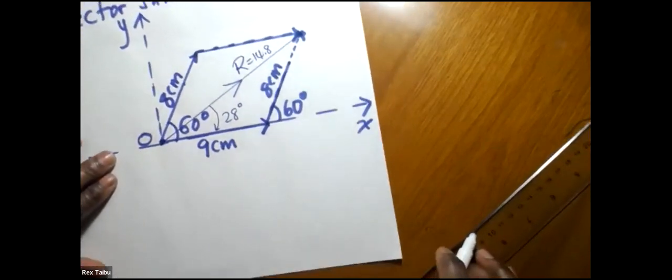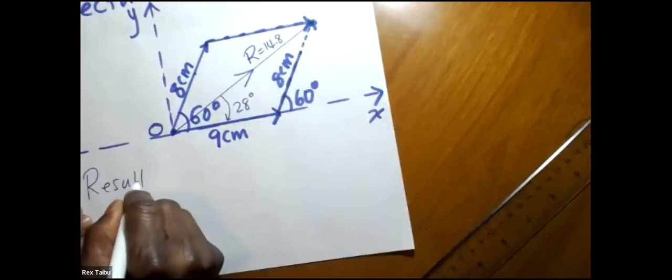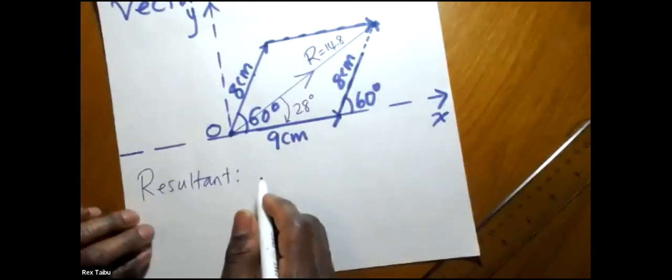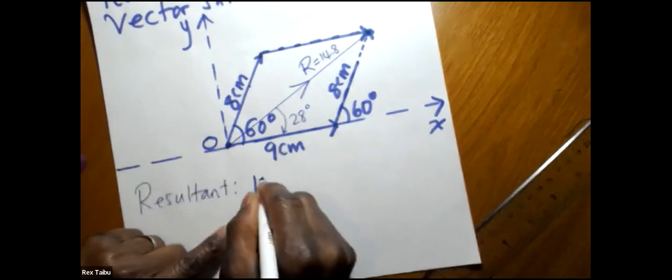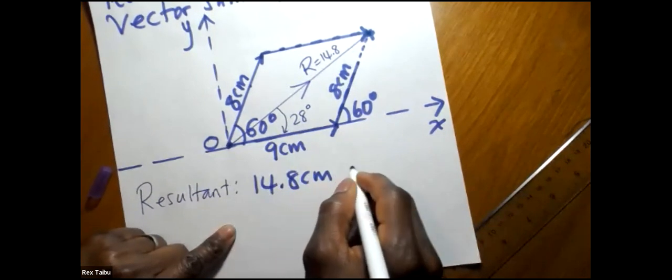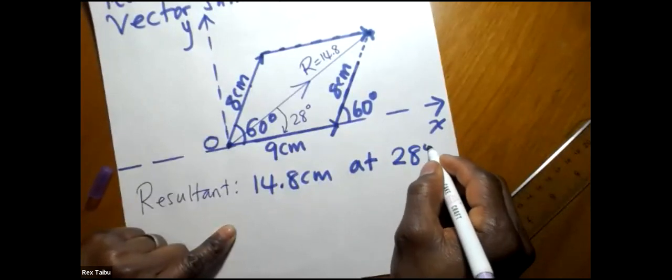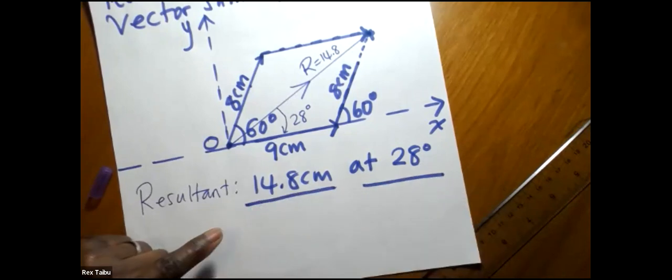Okay, so the result can be reported as follows. The resultant is 14.8 centimeters at 28 degrees. So you have this as your resultant vector.